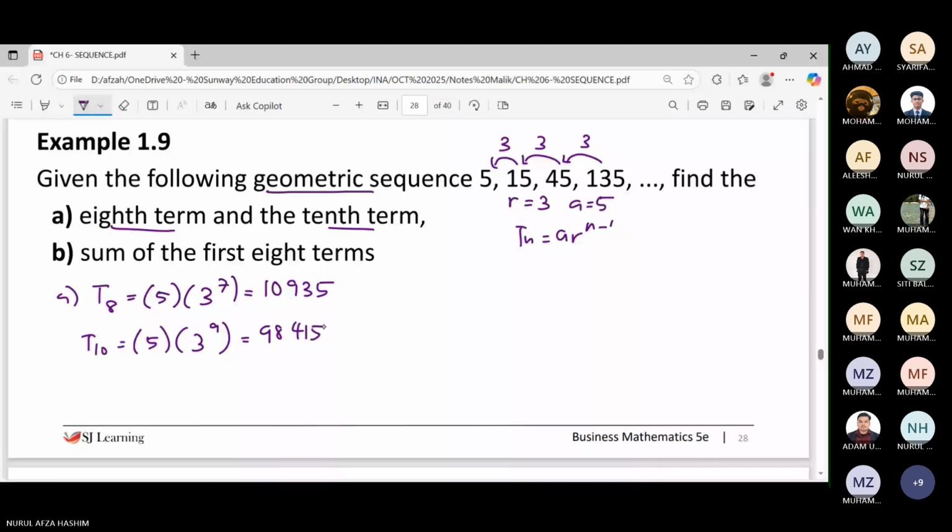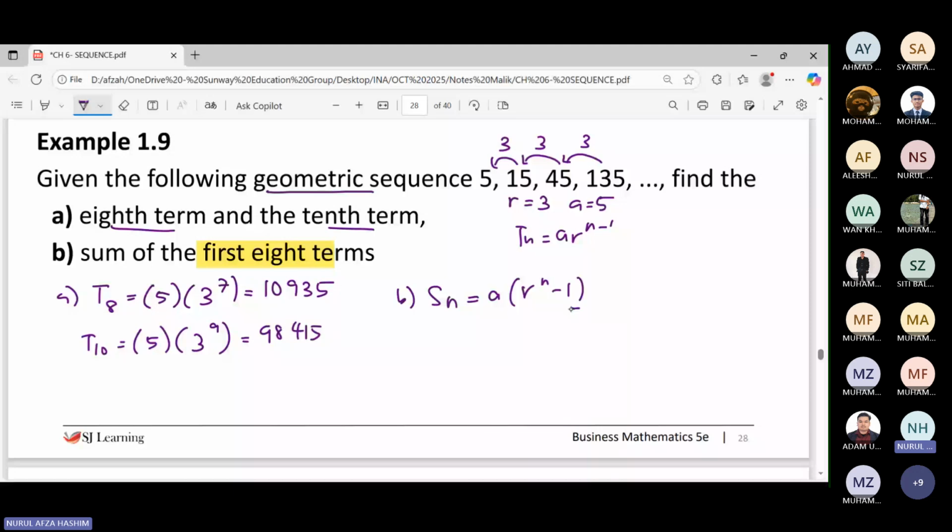And then the sum of the first 8. For the sum here, you're using n. It's going to be A, R power of n minus 1, divided by R minus 1.